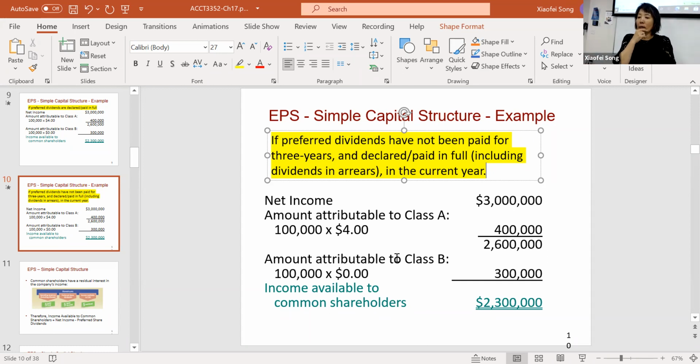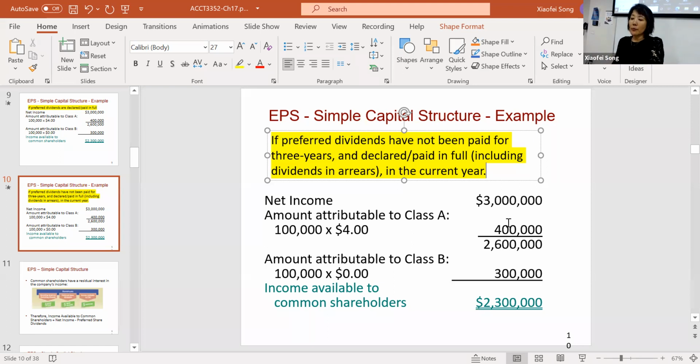And it's the same situation as Class B, except Class B does not get dividends in arrears. It's not cumulative. So that means in the current year, the company will pay 4 years of annual preferred dividend to Class A, 1 year to Class B. How much do we subtract to determine earnings available to common though?